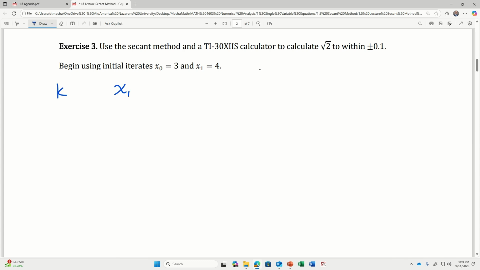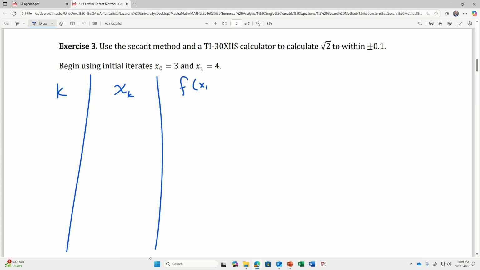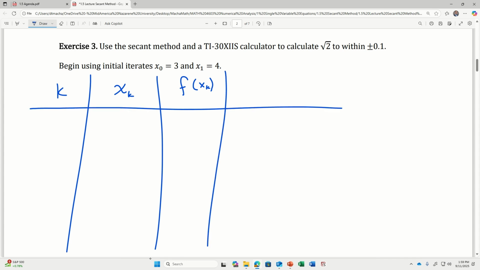Here's k, here's xk, here is, what else do I need? f of xk. And then we would need to calculate f of xk minus f of xk minus 1 divided by xk minus xk minus 1.